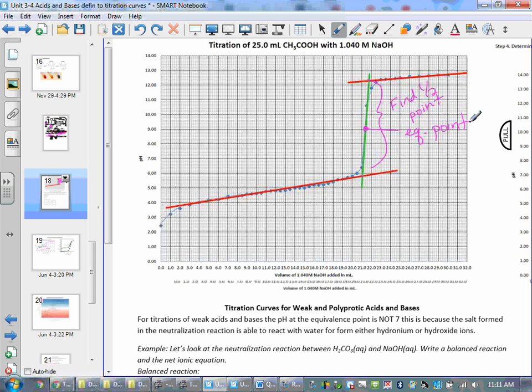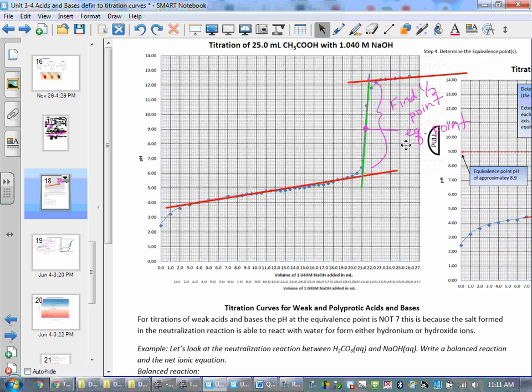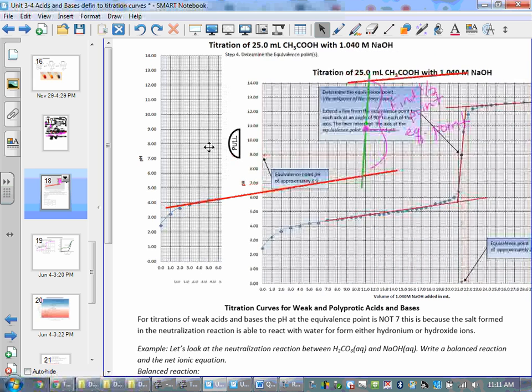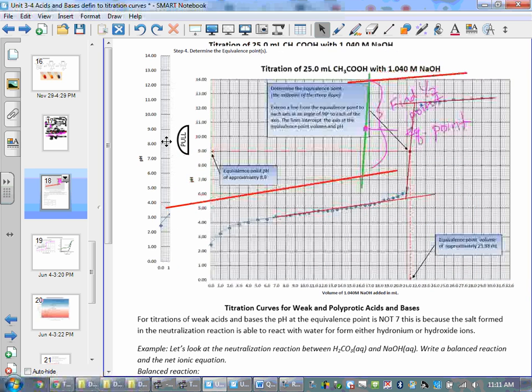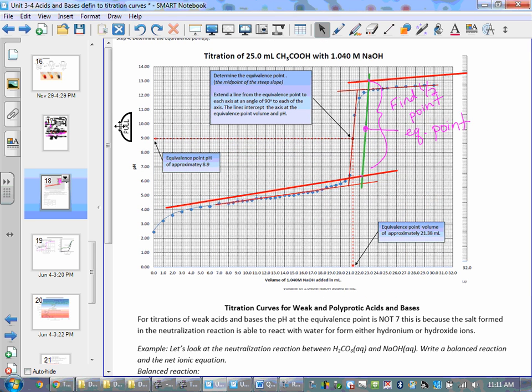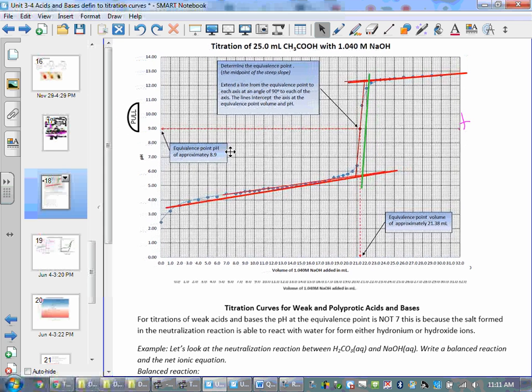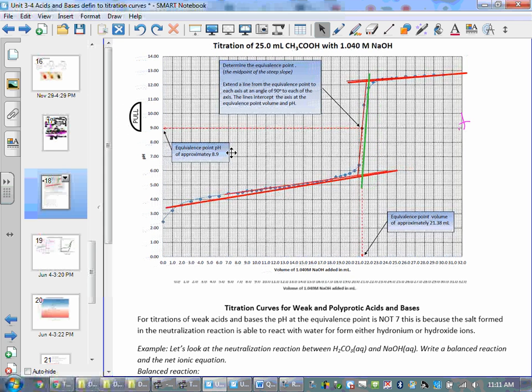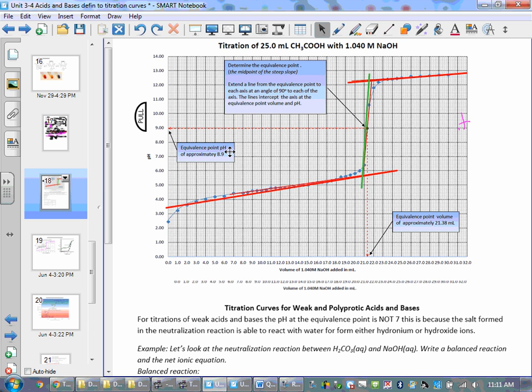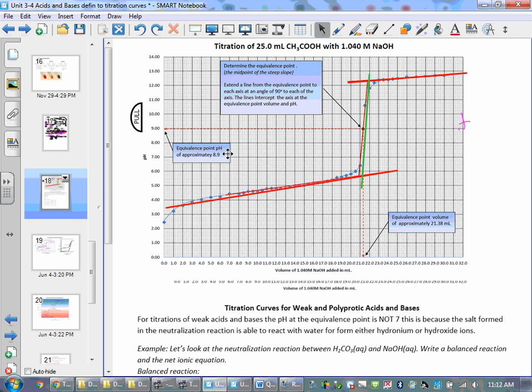I'll show you exactly where it is, because I didn't measure with this at all, but I did measure on this graph here. I'll try to match it up with those lines there. Pretty close.